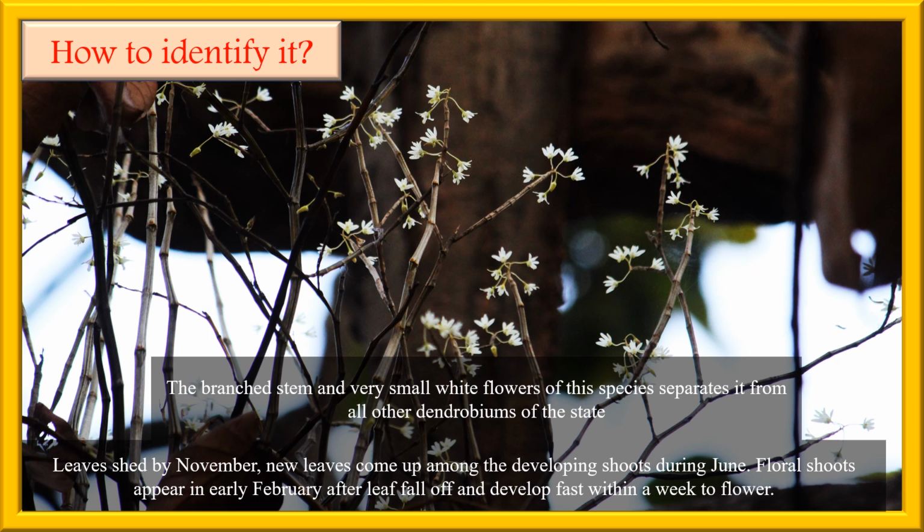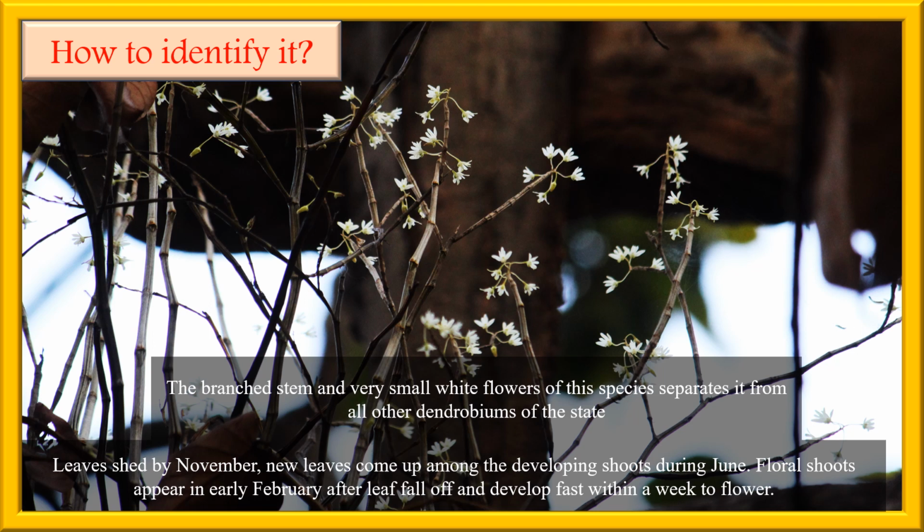Then it develops fast, within a week, to flower for the next year. So you can first know about this month, and whether the orchid is blooming at that particular time. As we have seen, this orchid blooms in early February, every year.